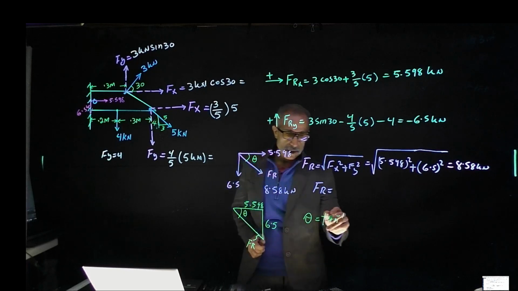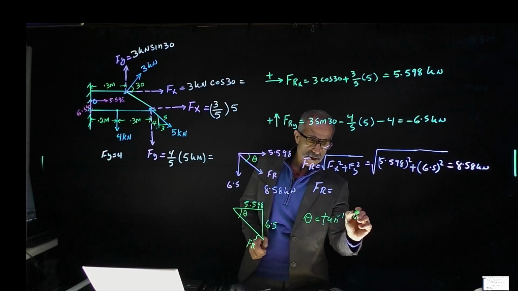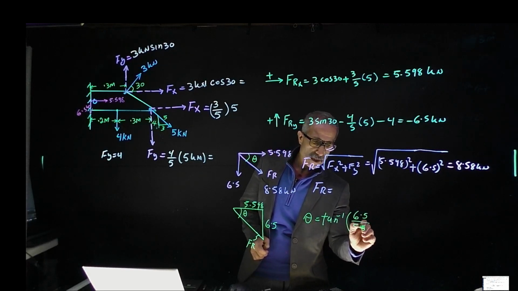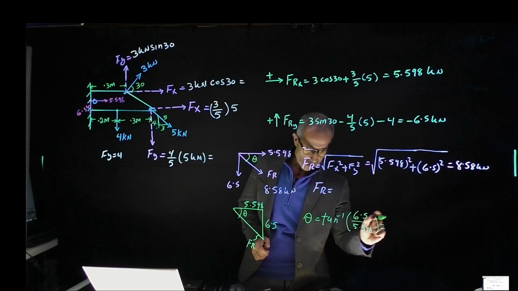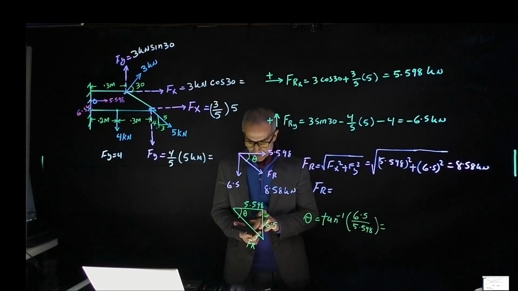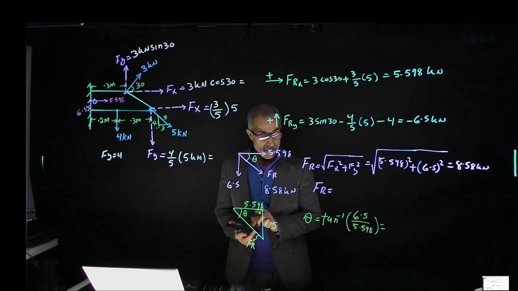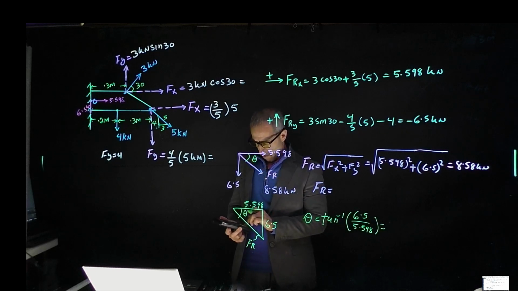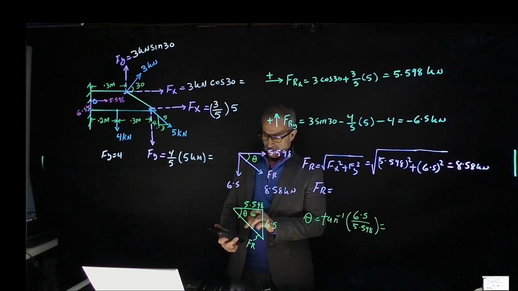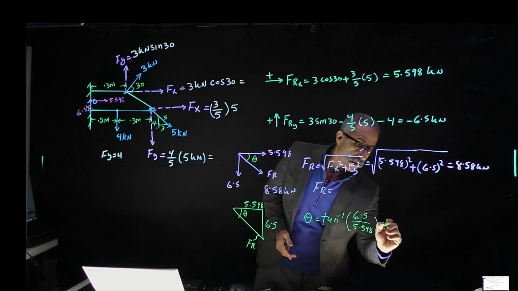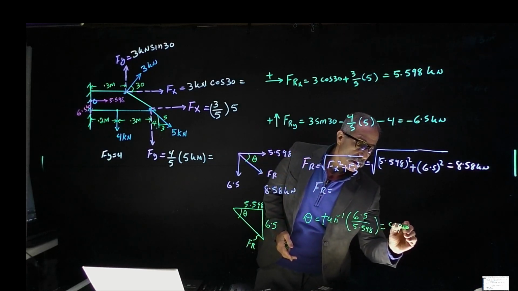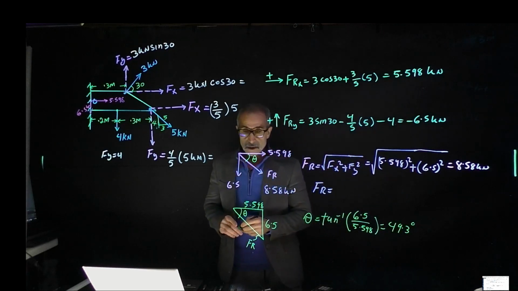So it's going to be 6.5 divided by 5.598, and that gives 49.3 degrees. Okay, so there it is.